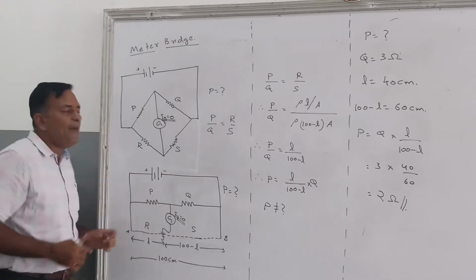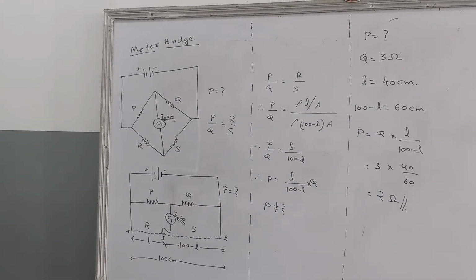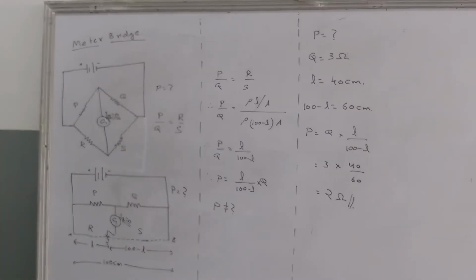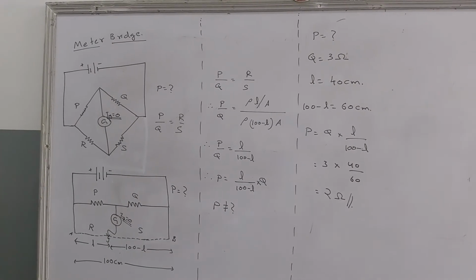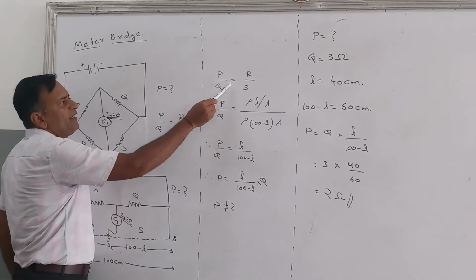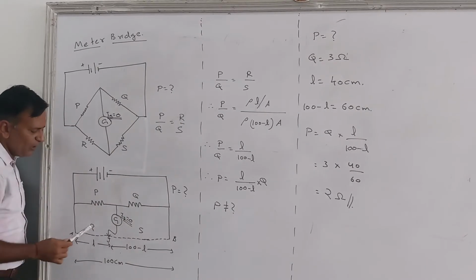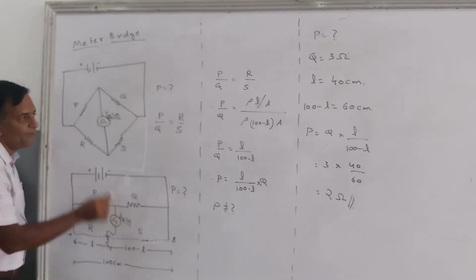Now we will use again the same formula, P by Q equals R by S.